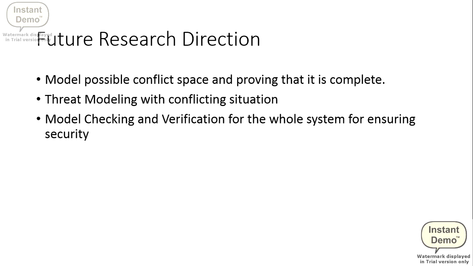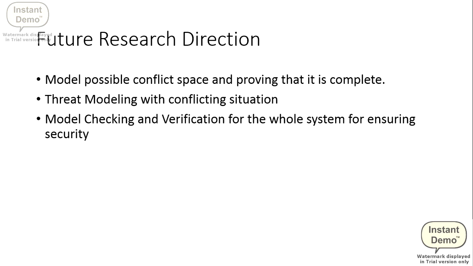So at the end I'm talking about future research iteration. What is possible over there? Model possible conflict. We will do the modeling of the possible conflict space and prove that it is complete, because we found one paper which says that 5 types of conflict happen, but it's not proved that these are all. So this is one of our future research directions.